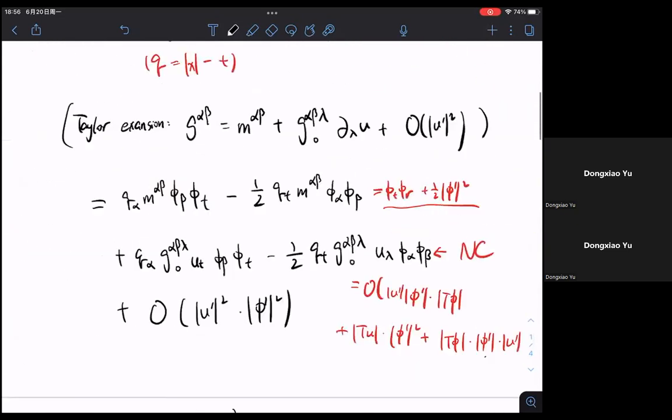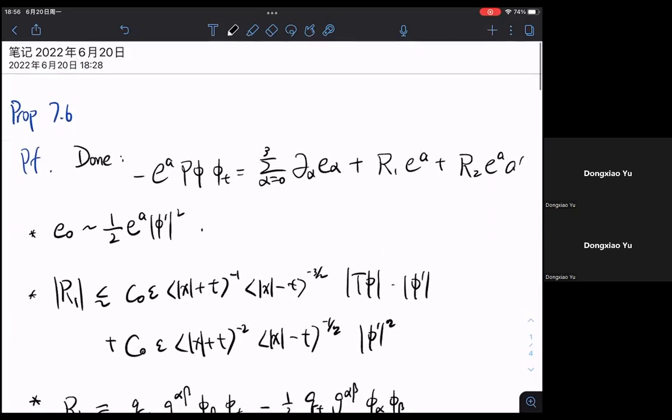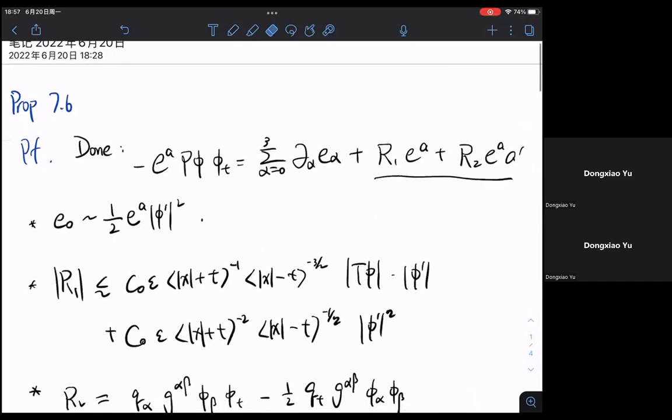Remember that in our first step, we write some divergence plus some remainders. The divergence part is good, so we only need to consider the remainders. Previously we split them into R1, R2, but now to finish our proof, we need to combine them together.